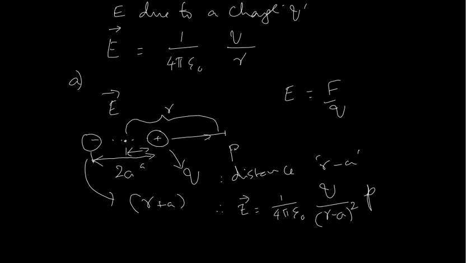This is because of this distance, plus Q. The next one will be E of minus Q, due to minus Q: 1 by 4 pi epsilon naught Q divided by R plus A whole squared into P. So you got two expressions. The picture, if you would like to see, is exactly what I have written, with the arrows he has done.